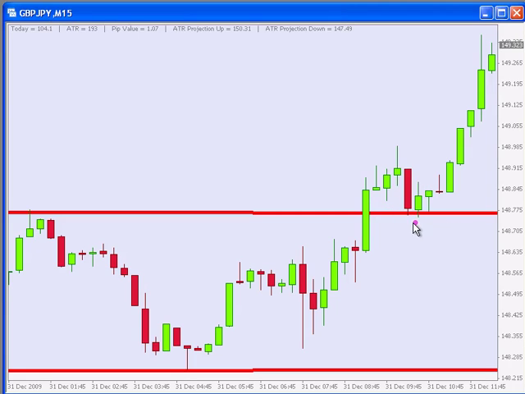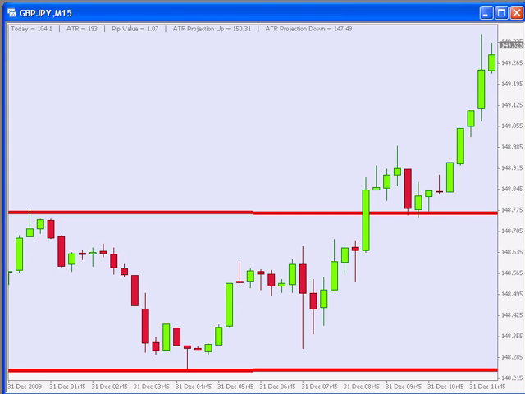As soon as you see that green bar, price respecting that swing high for the Tokyo session and beginning to bounce to the upside, you would click on the buy button at the close of that bar. At the close of this first green bar, that's where you will click on your buy button.